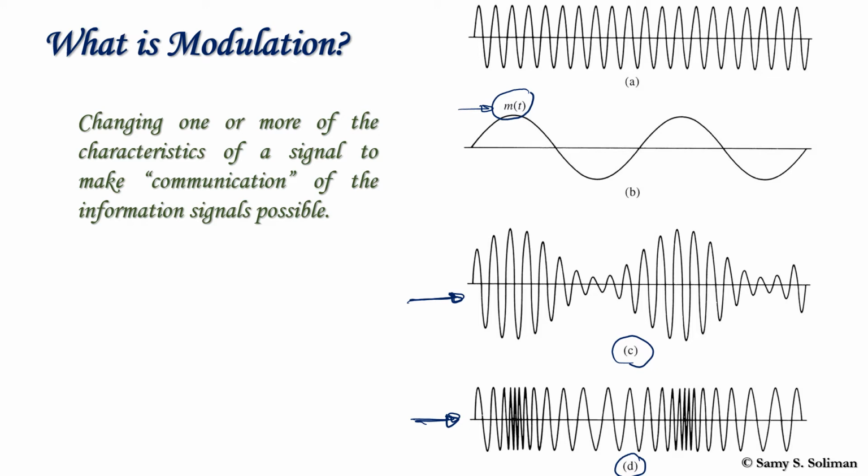So the general definition of modulation is changing one or more of the characteristics of a signal to make communication more possible or more feasible. However, the most commonly used types of modulation involve frequency up conversion or frequency translation, shifting the frequency of the signal to be transmitted to higher frequency.